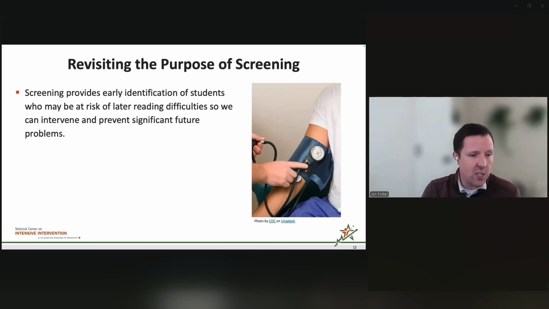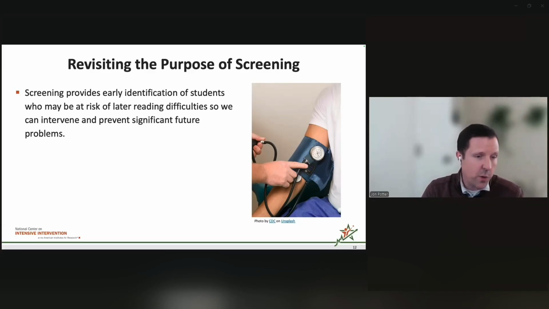Like the reason we get screened every year is we don't want our blood pressure to get so out of whack that we need open heart surgery. We want to know if I'm at risk for heart disease, if I'm at risk for high cholesterol, if I'm at risk for something else. I want to know about it pretty early on so I can prevent that from happening. I can take steps in my lifestyle and have medical intervention to make sure that that doesn't happen.